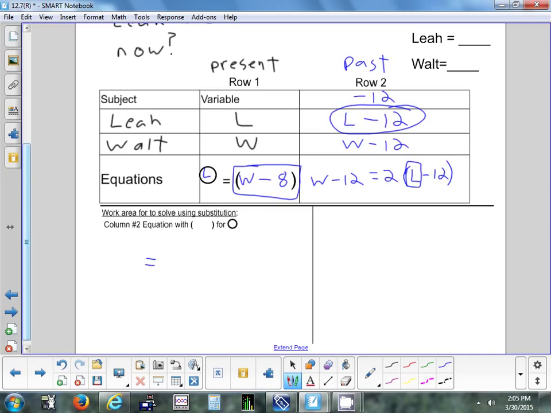Okay, so Justin, what's going to be on the left? What's on the left right now? We're using the row 2 equation. Yep. Okay, now I'm still going to have the 2. But Eli, what am I going to fill in for the L?